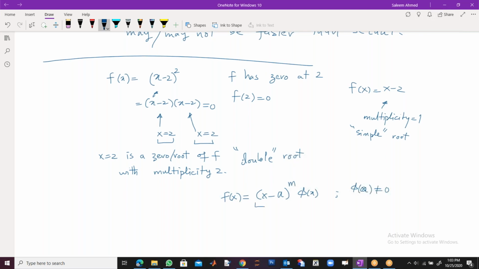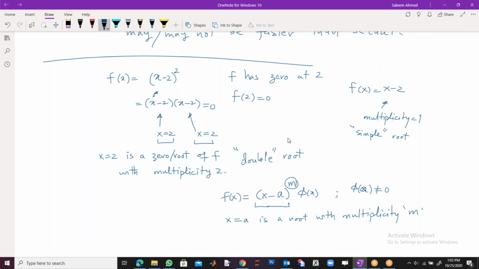So only this part gives you 0. Phi does not give you 0. So here x equal to a is a root with multiplicity m, because the power is m here. There are m factors of x minus a. So this has multiplicity m. We call it a root with multiplicity m.